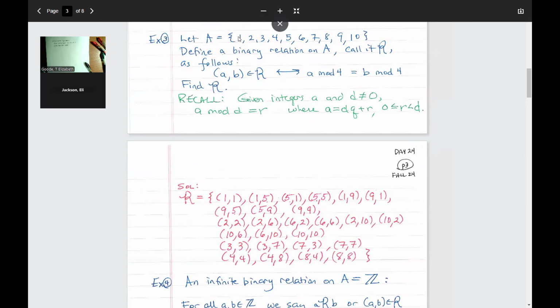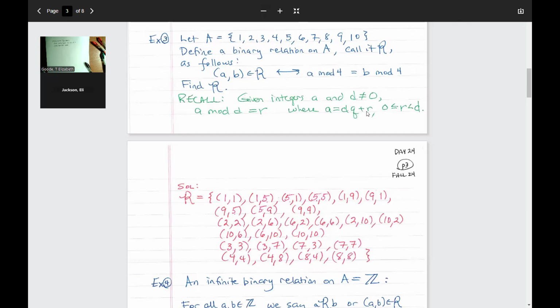Let's think about 1. When we divide 1 by 4, 1 mod 4 is 1, right? It's 4 times 0 plus 1. But there are other elements in A that yield a remainder of 1 when we divide them by 4. For example, 5. When we divide 5 by 4, we get a remainder of 1, because 5 is 4 times 1 plus 1.